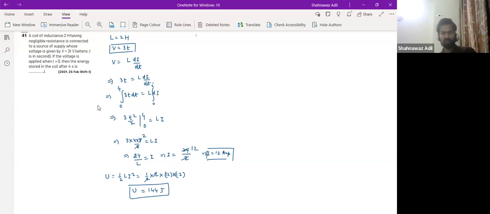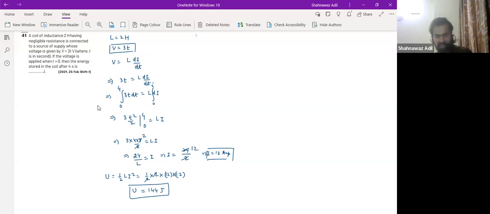Then we talked about motional EMF, which is simply BLV. If rotating in circular motion, that is half B omega L square. And if an aperture is rotating, that is B A omega sine omega t. All these things we have to remember.